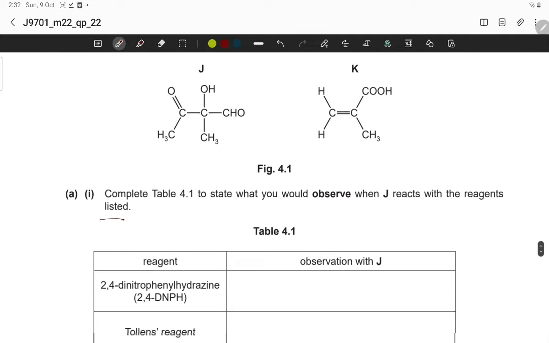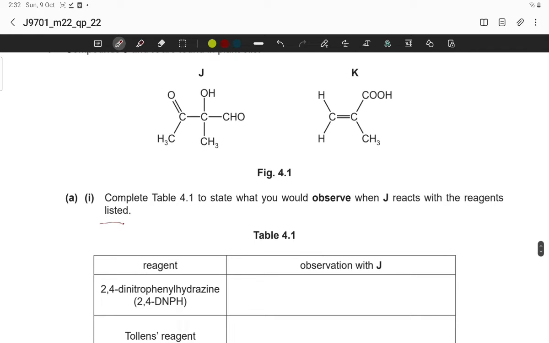Observation with J. This is a ketone group, and on the other hand this is an aldehyde.